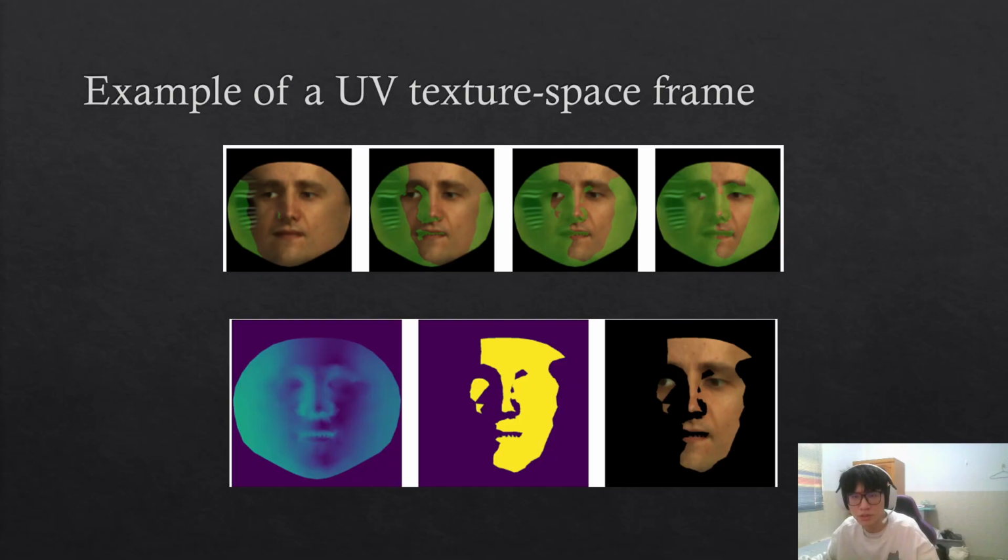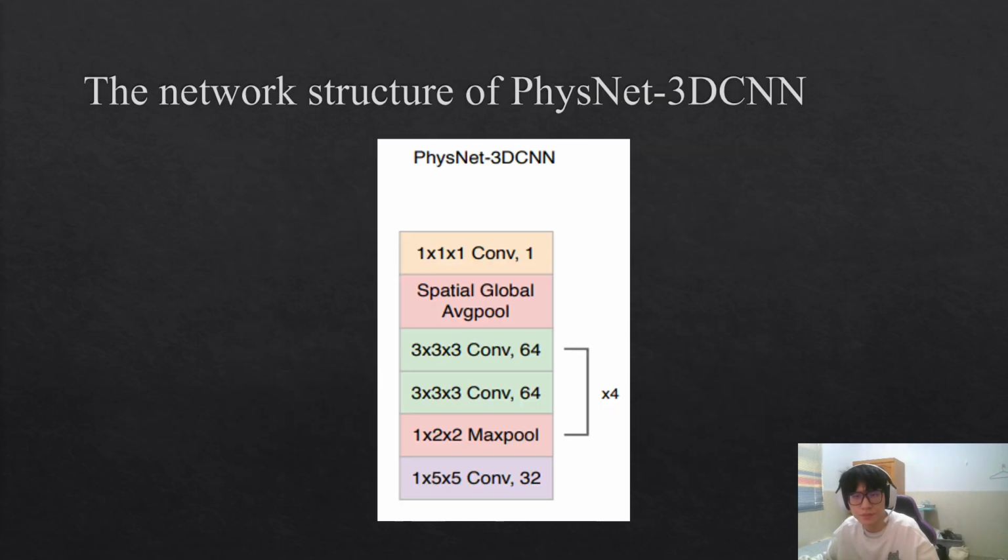The middle image shows the UV appearance mask in yellow, created using an optimal threshold of theta_UV less than 45 degrees. The final image on the right demonstrates the result after applying this mask to the visual texture.